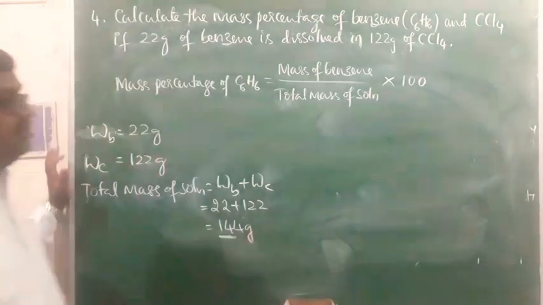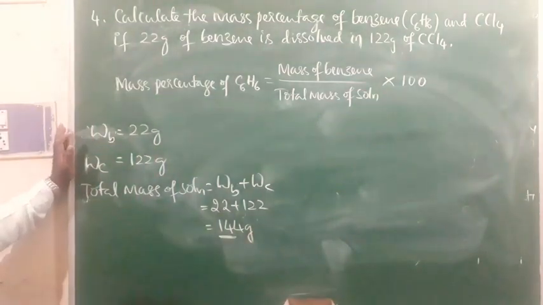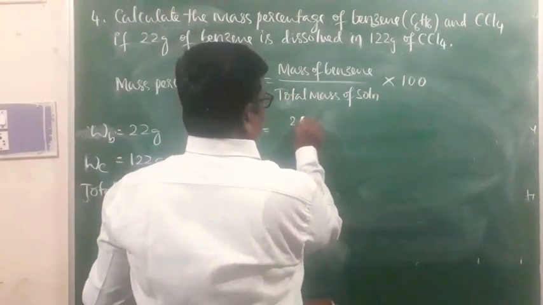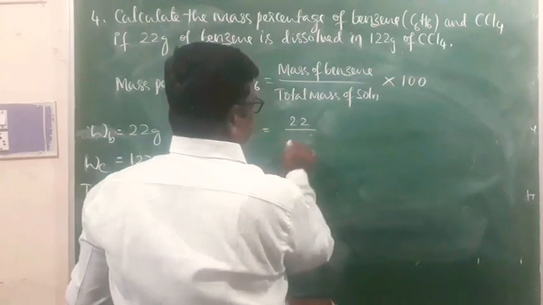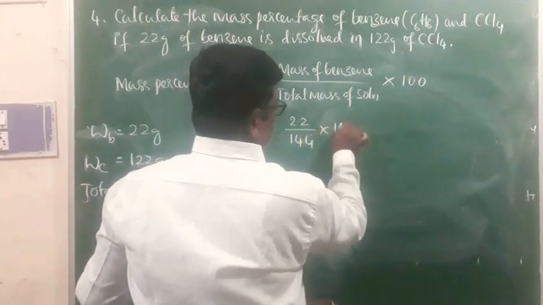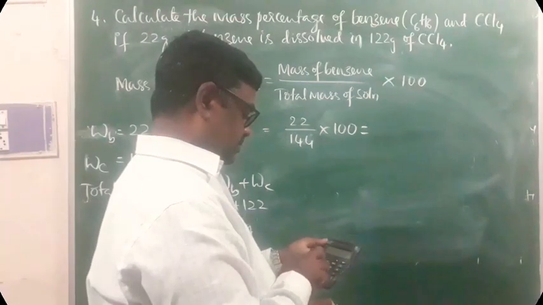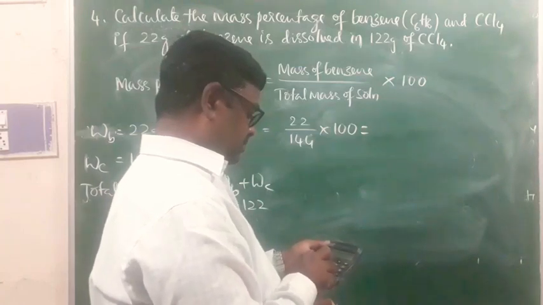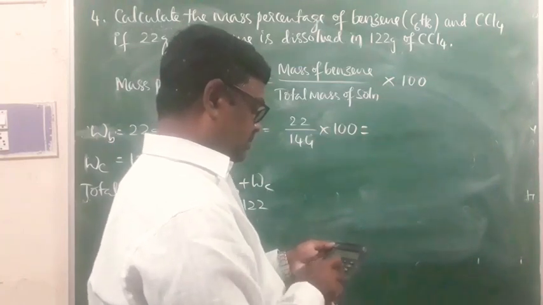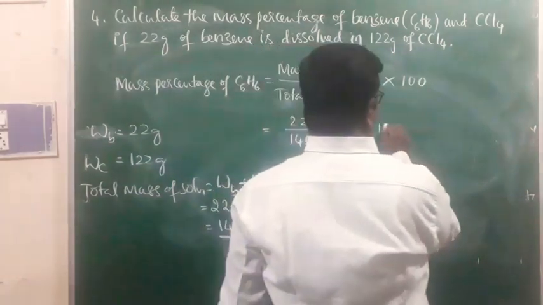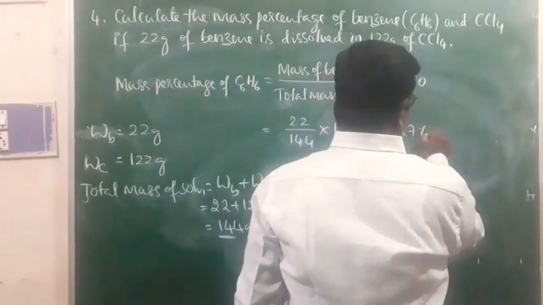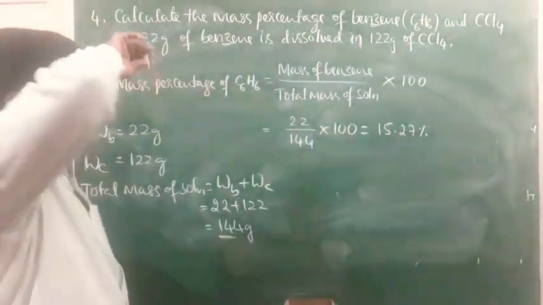So this is the mass of the solution. Substitute all these values, 22 divided by 144 into 100, that comes out to be 15.27%.